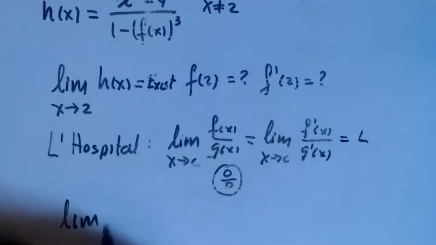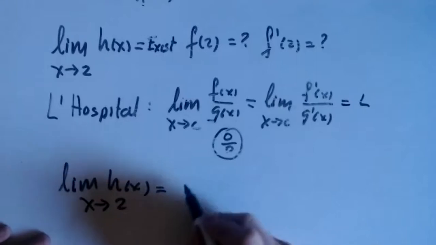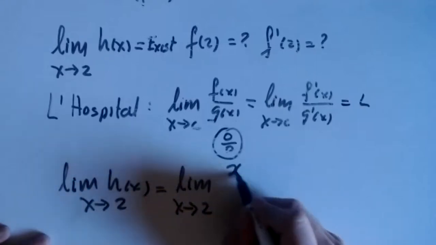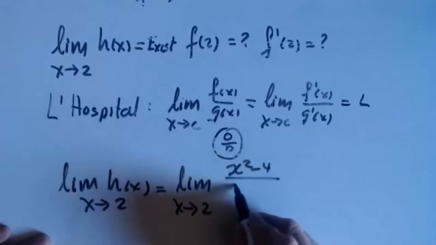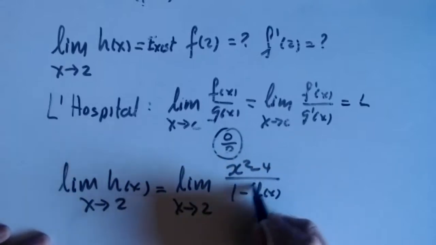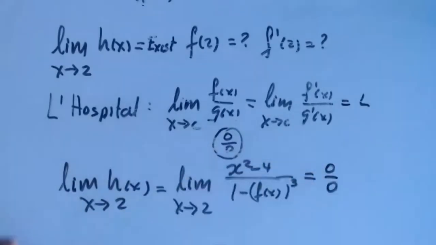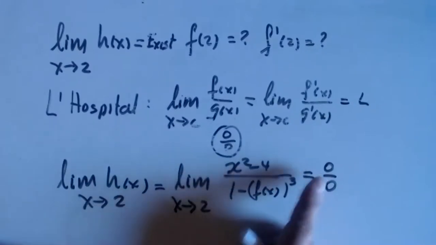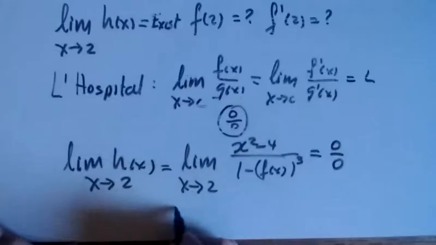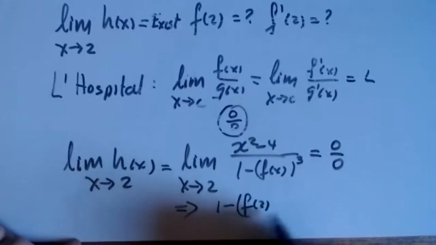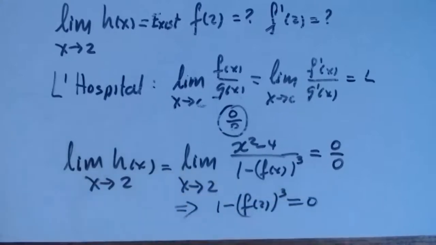The limit of h of x when x approaches 2 is the limit of x squared minus 4 over 1 minus f of x cubed, and this has to be 0 over 0, correct? If you put a 2 here, it is 0. So 1 minus f of 2 cubed has to be 0.